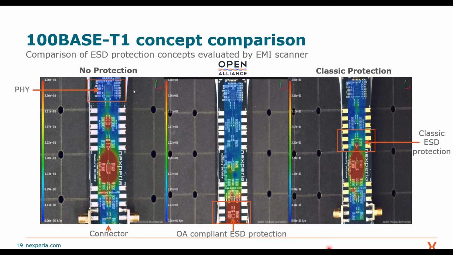But as I said, if we have this concept, we have new electrical requirements, and there are also some special tests that must be considered, and Andreas will explain them a little further for you.